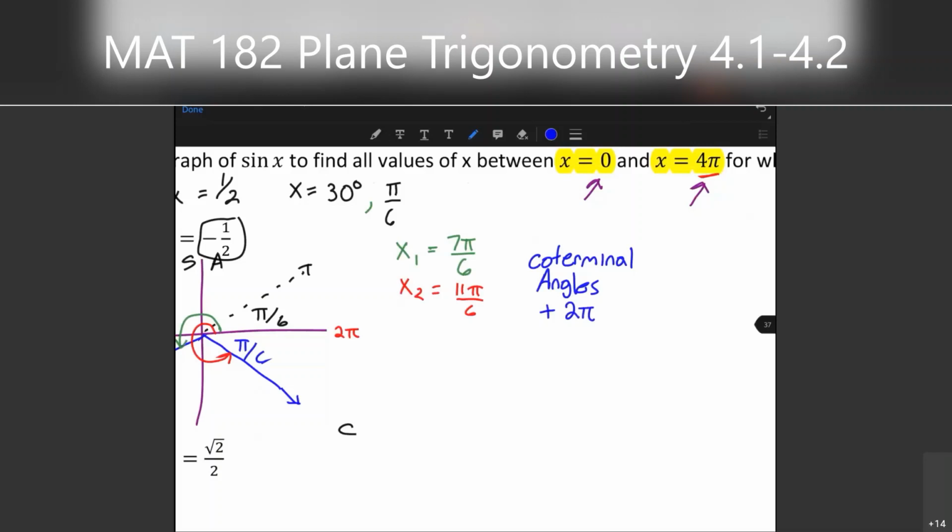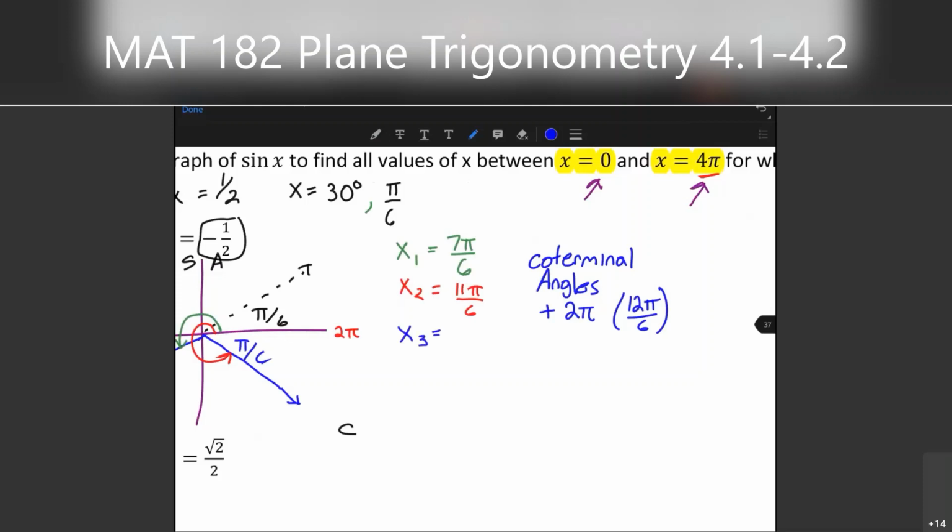So if I considered adding 2 pi to both of these solutions, again, 2 pi is really 12 pi over 6 for us, because we're having a denominator of 6. So that's a way we can think about adding our fractions there. So let's take a look. We'll have x3.